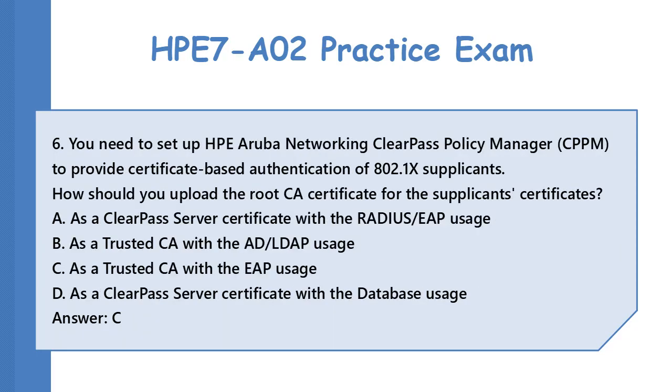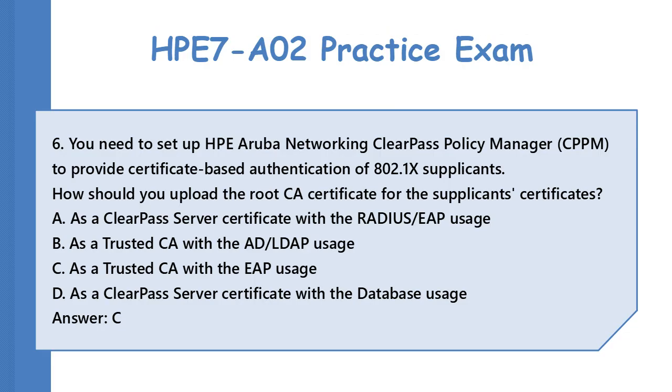6. You need to set up HPE Aruba Networking ClearPass Policy Manager, CPPM, to provide certificate-based authentication of 802.1X supplicants. How should you upload the root CA certificate for the supplicant's certificates?